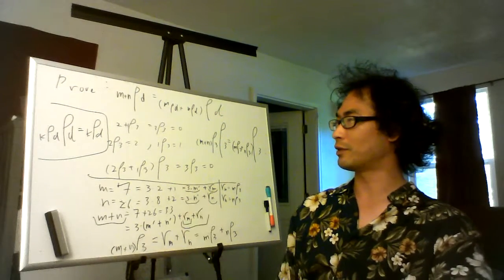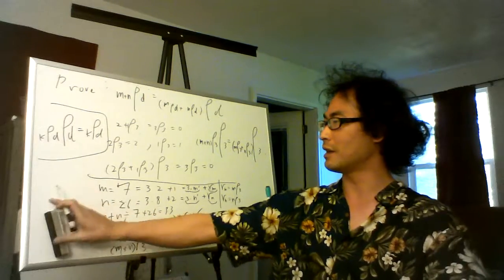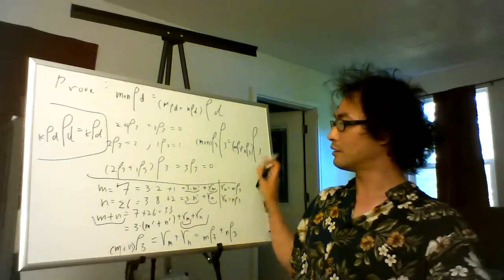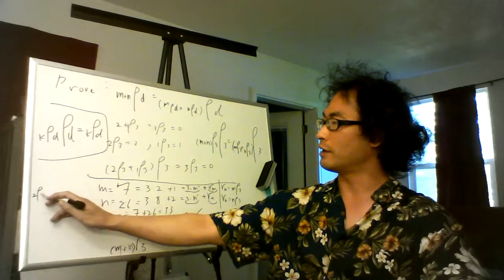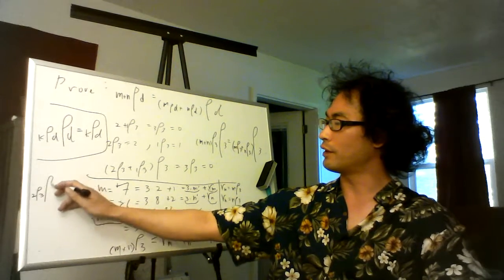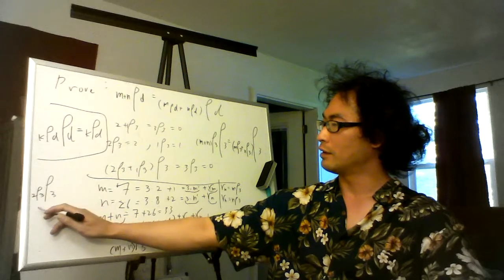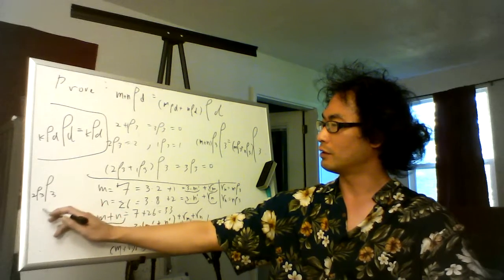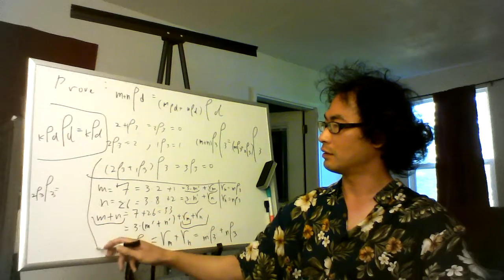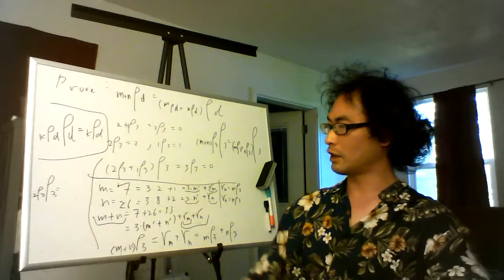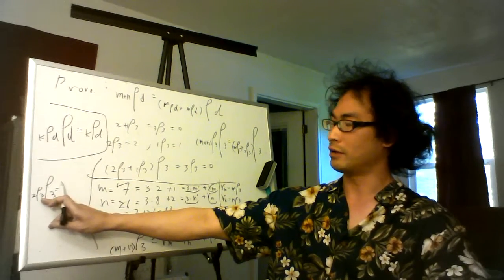For example, the easiest example is this: 2 rho 3 is equal to what? 2 divided by 3, what's the remainder?